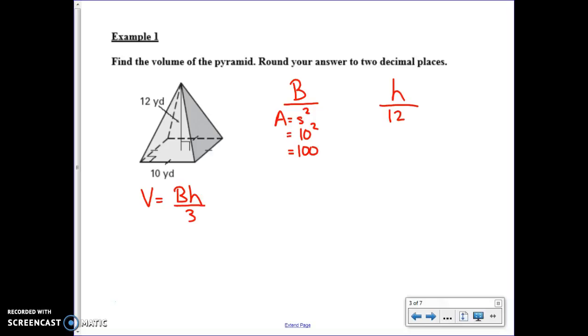So if I plug this in, I get 100 times 12 over 3, or 1200 over 3, which is 400 yards. We're talking volume, so cubed.